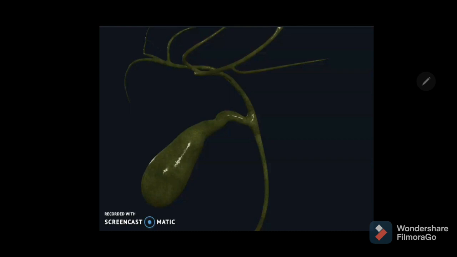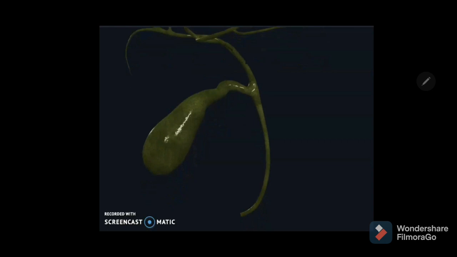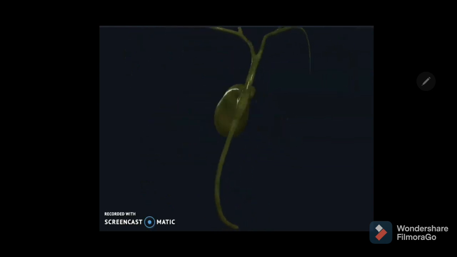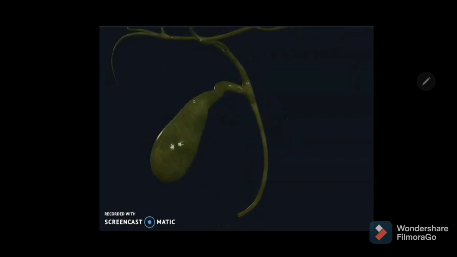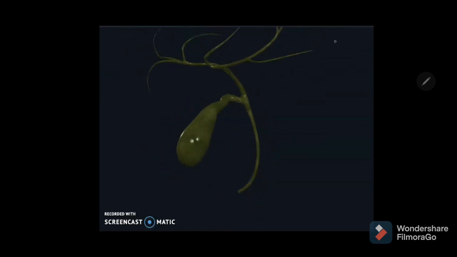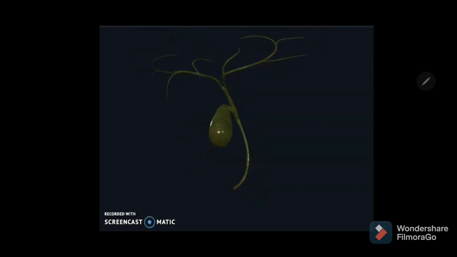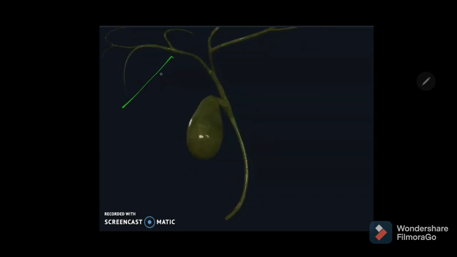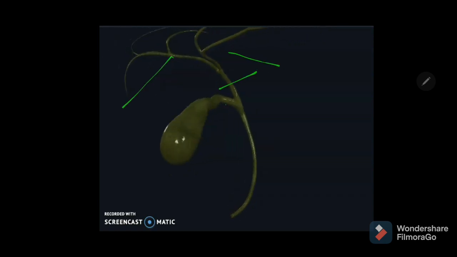So you can see this extrahepatic biliary tree here. You can notice this is the common bile duct. You can notice how this pear-shaped hollow viscus is there. You are seeing right and left hepatic duct, common hepatic duct, cystic duct, common bile duct.